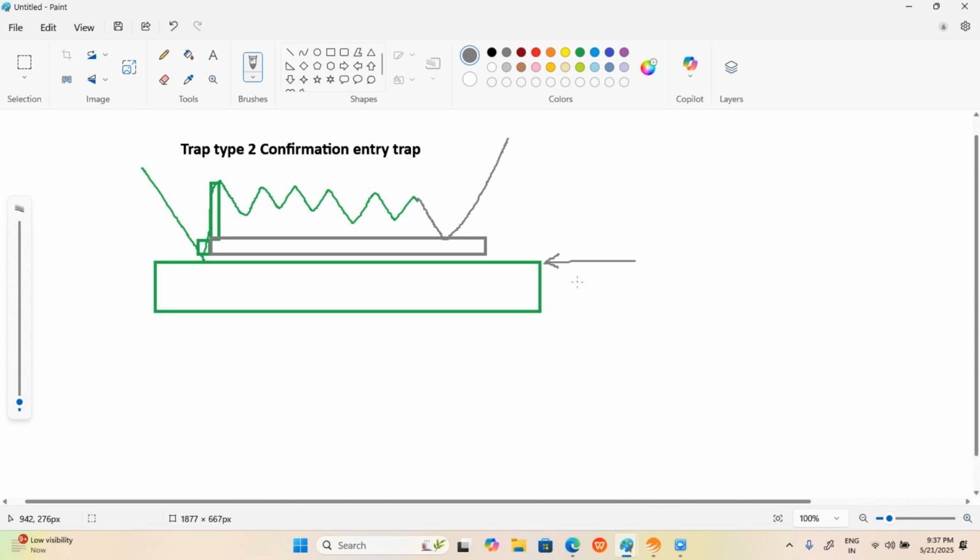On a daily time frame, price, before giving a confirmation entry, formed a new consolidation. This is a new consolidation that you can see, and then all of a sudden price hit the confirmation demand zone that is formed on the daily demand zone, and from there, after a huge consolidation, you get a total reversal. This is something that we call confirmation entry trap.